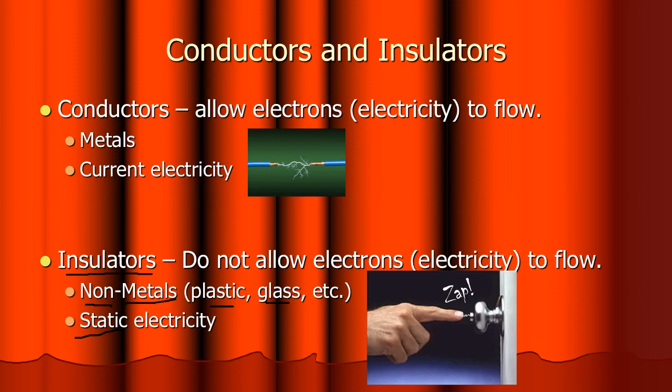This is what we call static electricity. You probably know the word current means moving water and also moving electricity. Static, you've probably heard that word before, but you might not know that static means not moving or not changing. When something is static, it's staying where it is, or staying the way that it is. So static electricity is electricity that's kind of stuck in place.